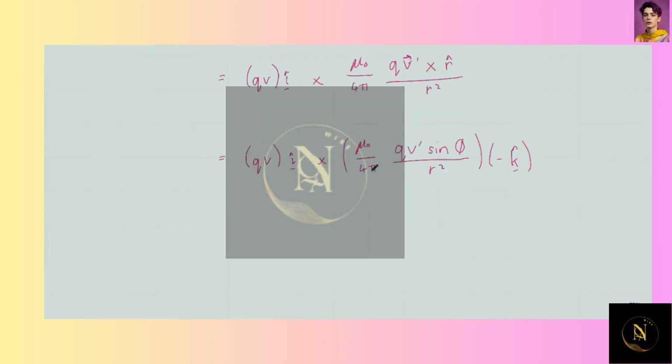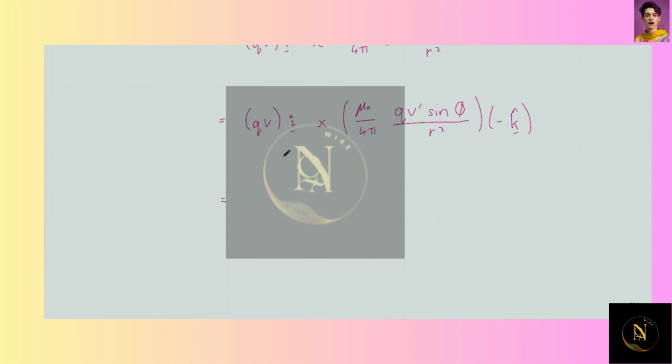And so if we perform this cross product, we get the force acting by q prime on charge q to be mu naught over 4 pi times q prime v prime sine phi divided by r squared, and all of this times the unit vector j hat.